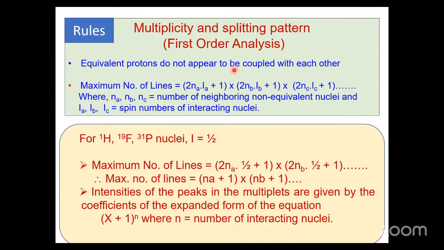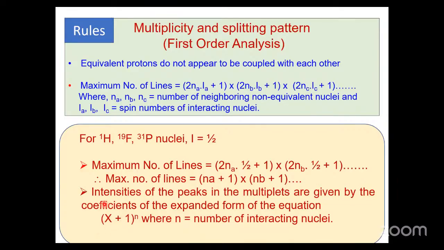Equivalent protons will not couple with each other, and the maximum number of lines you can calculate by using this formula, and the intensity of these lines you can also calculate by using (x + 1) raised to n, where n is the number of interacting nuclei, right? For n equal to 1, the expression becomes x + 1.